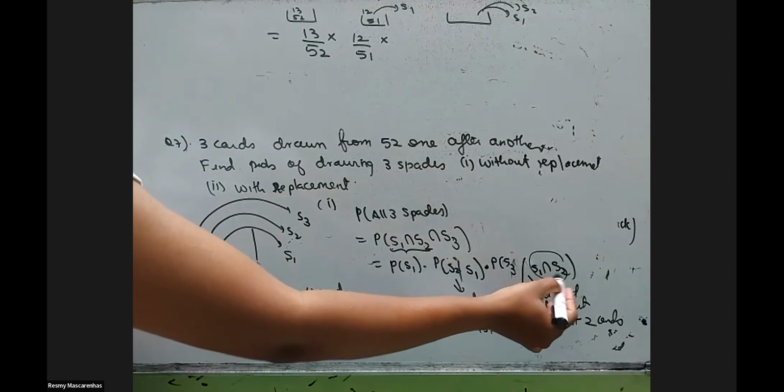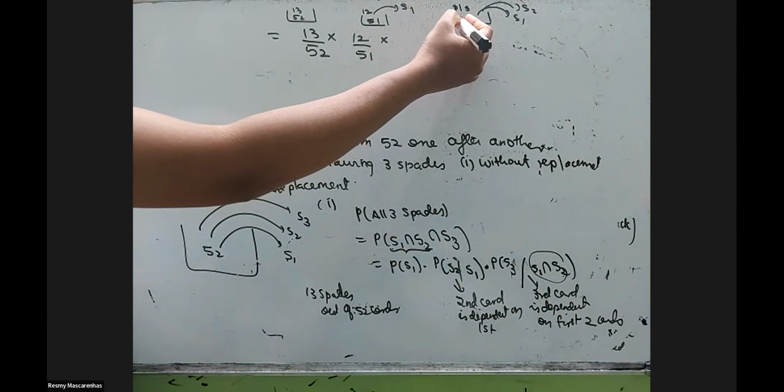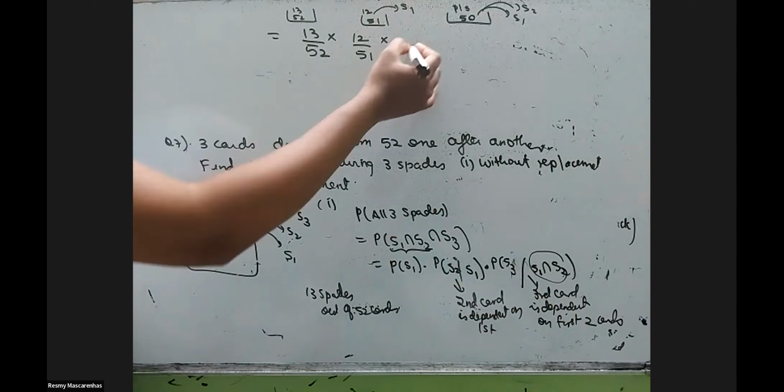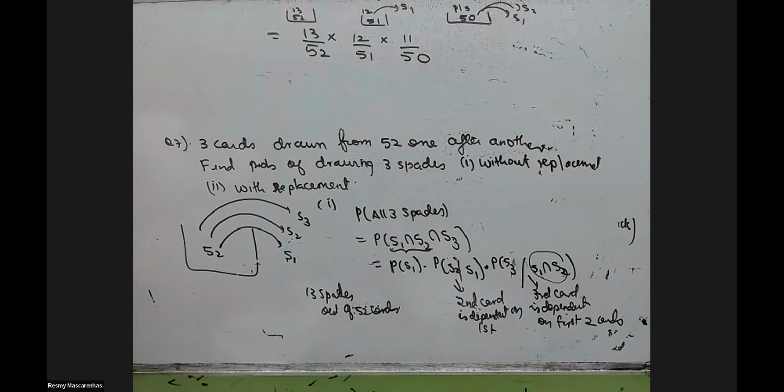You're assuming the first and the second were spades, so only 11 spades will be left out of 50 cards. Then calculate the right answer. So the answer should be 11 upon 850 after calculating.